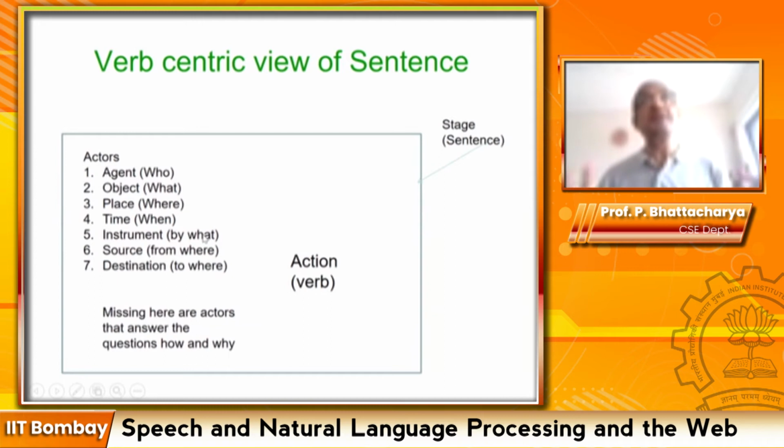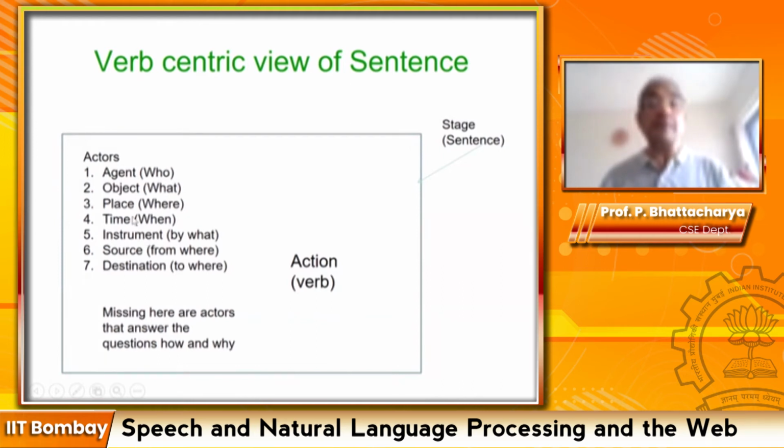And this is what entity relationships target. Information extraction targets those entities, and these are nouns linked with the verb. These relationships like agent, object, place, time, instrument, source, destination are called semantic roles or case roles.